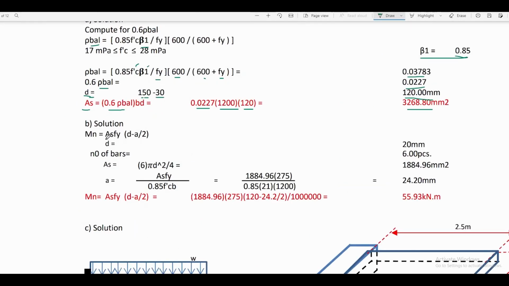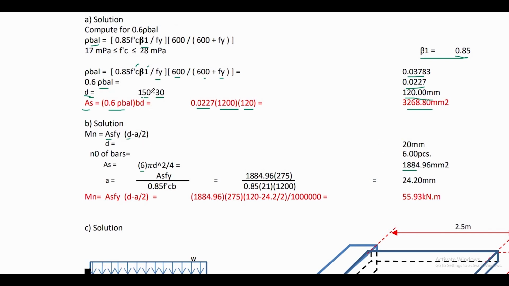We just first obtain As, and that is just equal to 6 pieces of 20 mm diameter reinforcement. So we can calculate the area from the simple formula pi d squared over 4 multiplied by the number of pieces, that is 6. So we can have the value that is equal to 1884.96 millimeters squared.